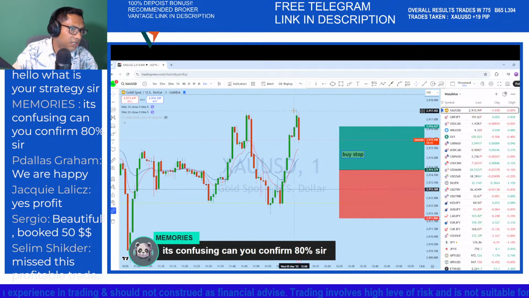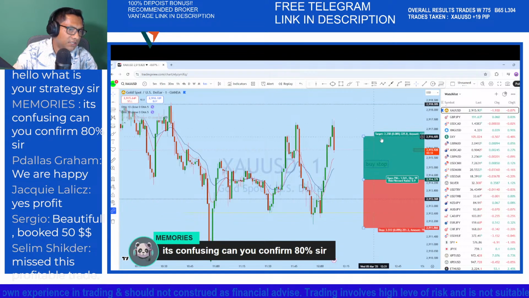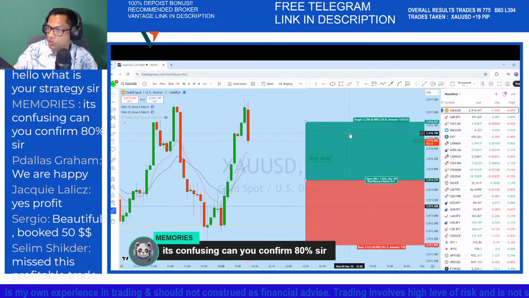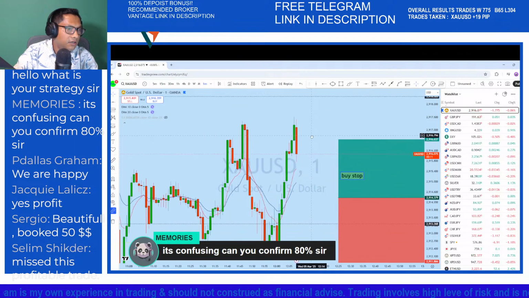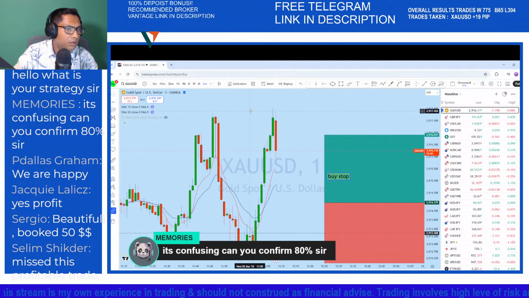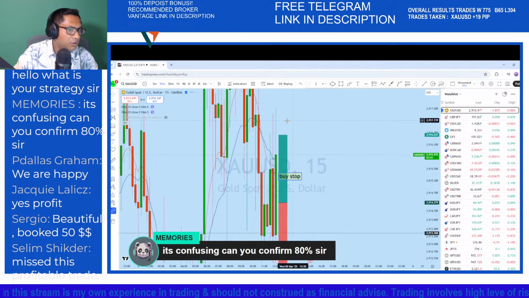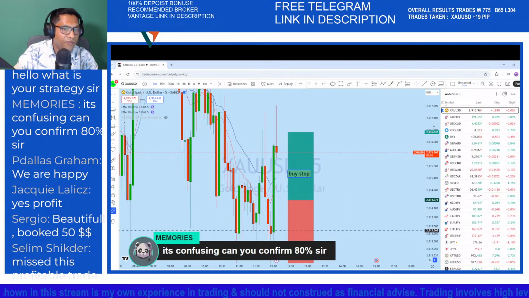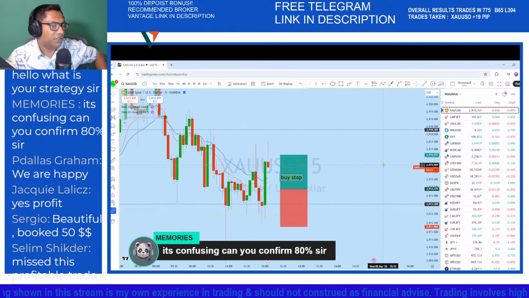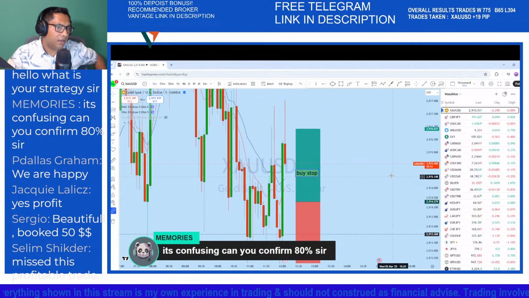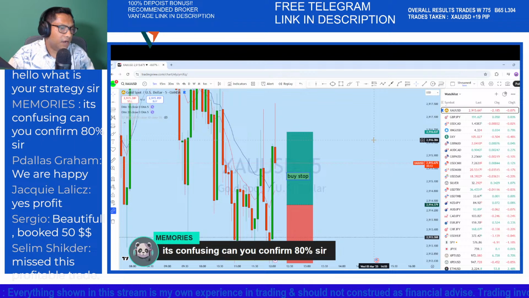So here you see that there is a rejection from the resistance, but that might be a correction, and we could potentially see another bounce. So here, looking at the 5 minutes, the candle is closing on the 5 minute chart, which is also having a good move here in this market.